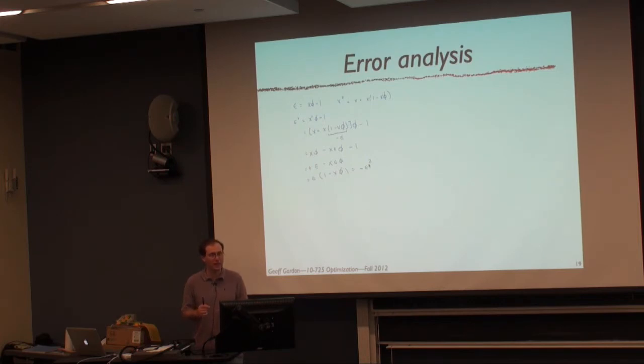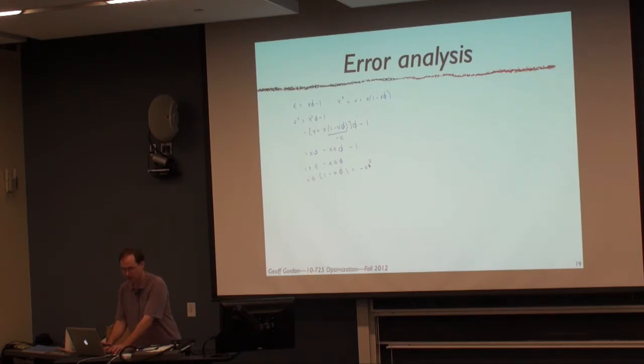And it'll be 2 to the minus 2, 4, 8, 16, 32. So it goes down to 0 really fast. If you look at it, it takes 5 steps to get to 2 to the minus 64, which is more precision than there is in an IEEE double. So 5 steps of Newton's method will suffice here if we initialize within a quarter.